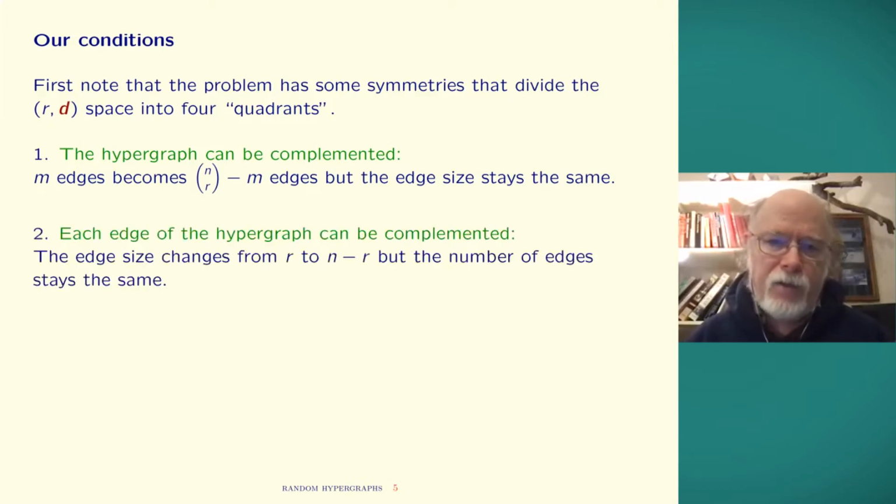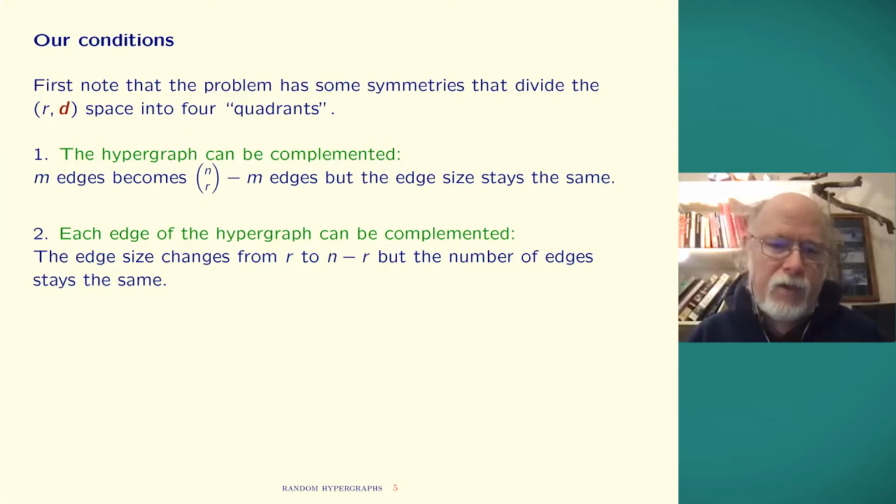Another thing you can do is you can complement each edge independently. So the edge W becomes V minus W, every vertex that's not in the edge. So you complement each edge, but you keep the number of edges the same. This changes the edge size from r to n minus r, and you can again work out what it does to the degree sequence.